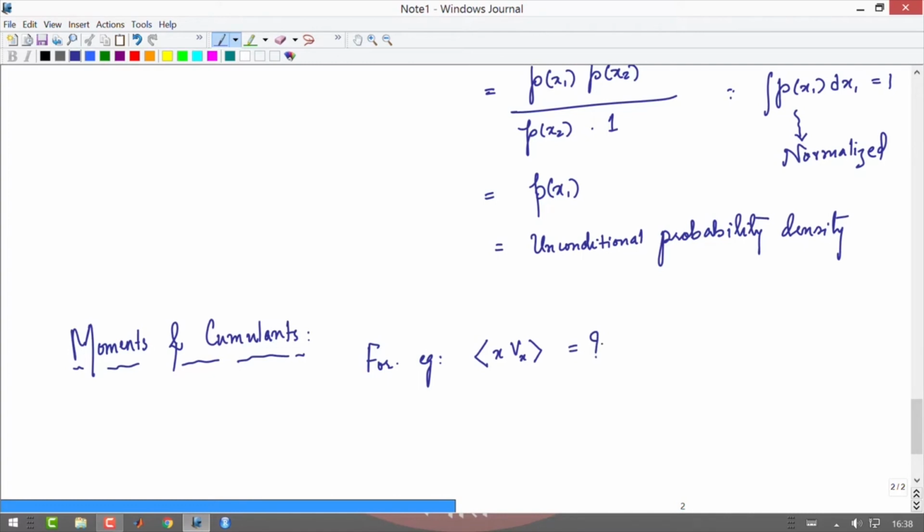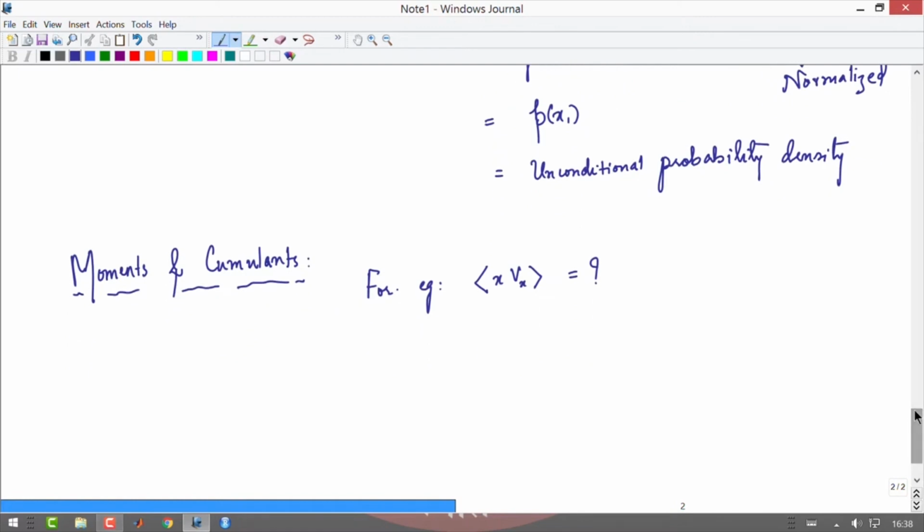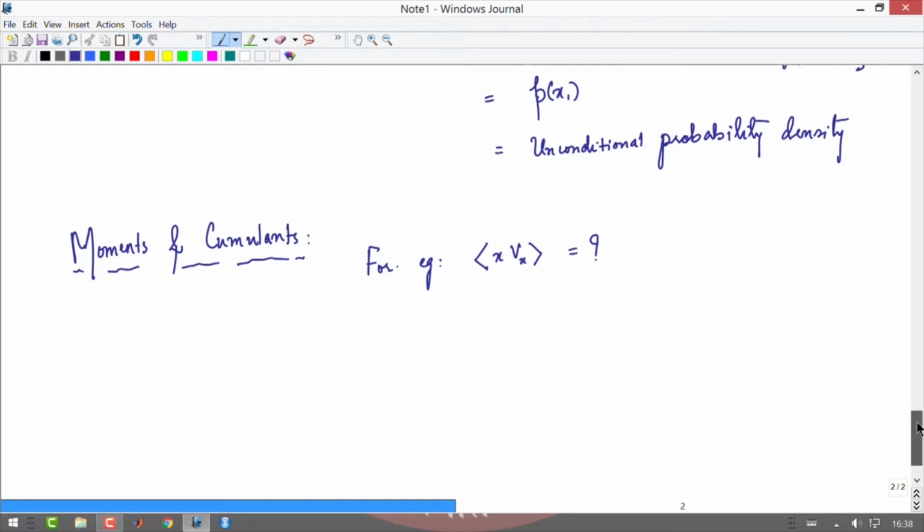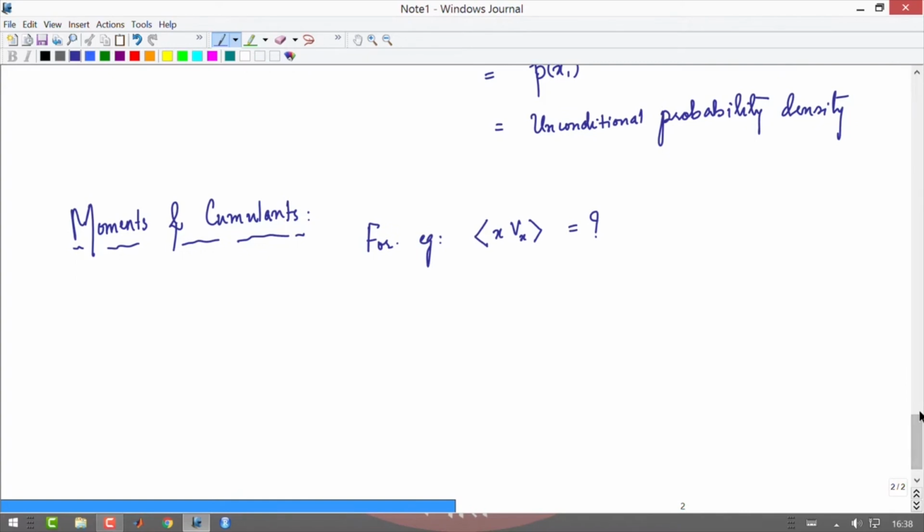You can compute this if you know the characteristic function of multivariable distributions. So let us compute these moments using the definition of characteristic functions. And then we shall proceed with another very simple and powerful method, which is the graphical method of computing these moments.